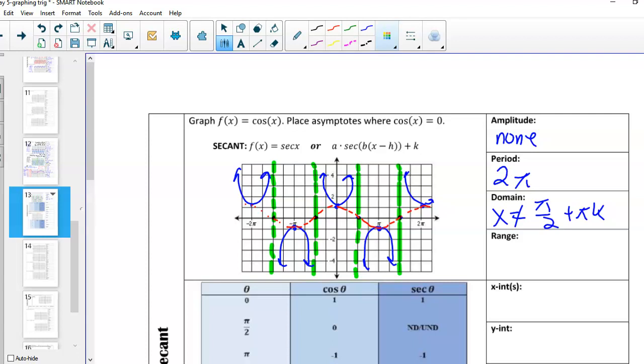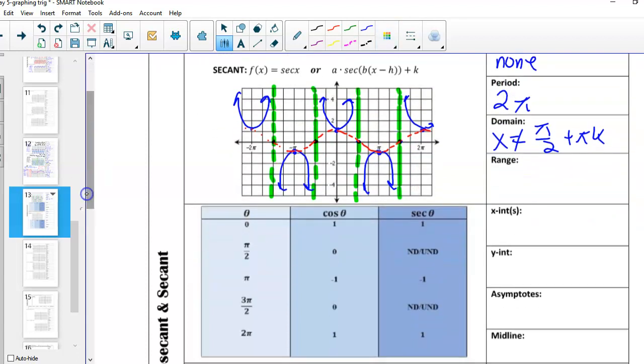Your range is not all real numbers though, because it's not in between these two. So it's from negative infinity to negative 1, union 1 to infinity. Or you could write it like this.